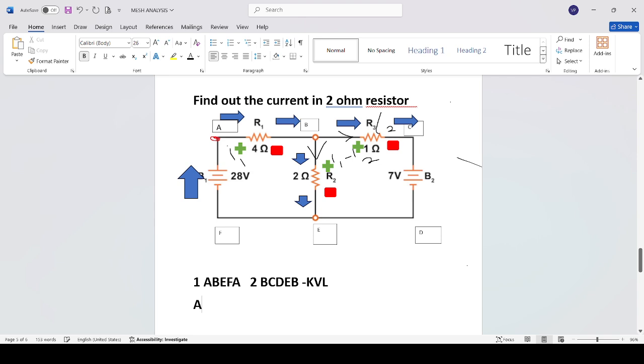I am starting from here. It is minus to plus, so it is a potential rise. So plus 28 volt. In brackets I have mentioned PR, a short form for potential rise. Then the current is flowing here, plus to minus. Plus to minus means potential drop.